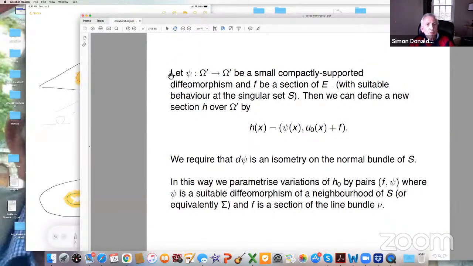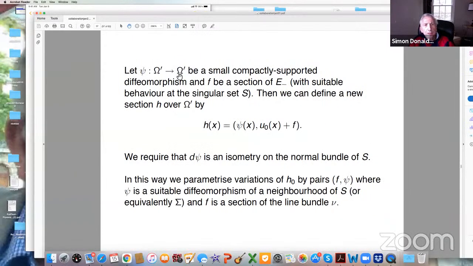Now, if we take a diffeomorphism from omega prime to omega prime, compactly supported and so small and close to the identity, and supposing we have some section of this bundle E minus with this fixed singular set S, then we can define a new section as follows: in the horizontal direction, we move by psi of x, and then we change our component in the vertical direction by adding on f.